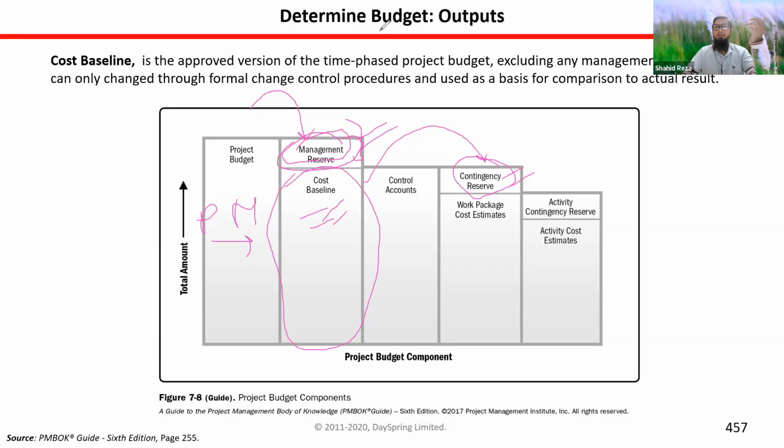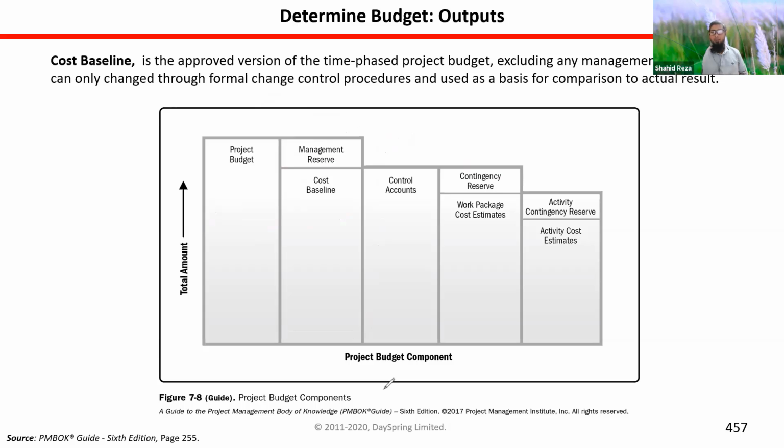So this is the difference between cost baseline and project budget. If you remember this figure, you can easily understand how the project calculation happens in PMBOK, and what the difference is between project budget and cost baseline.